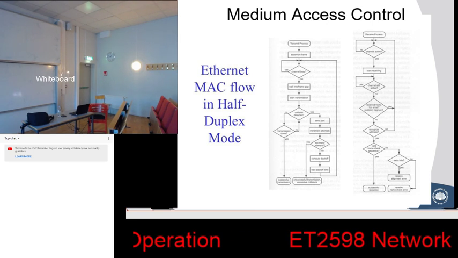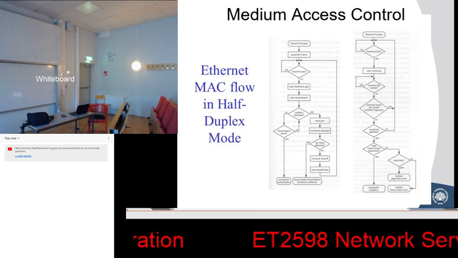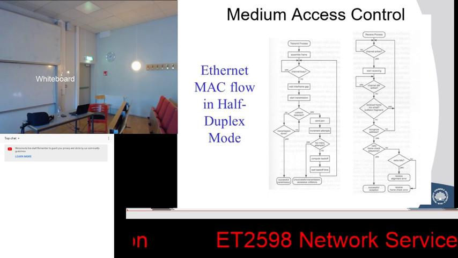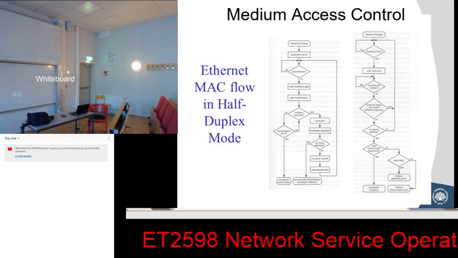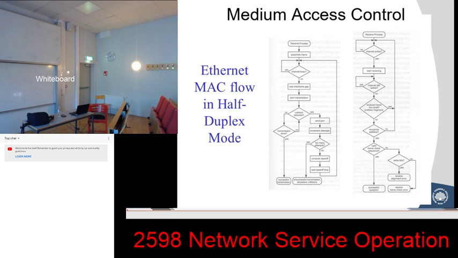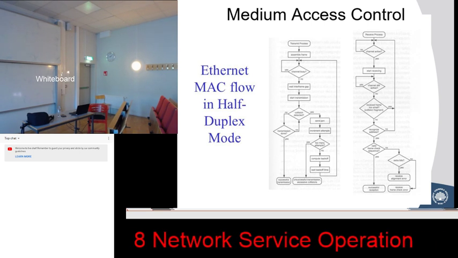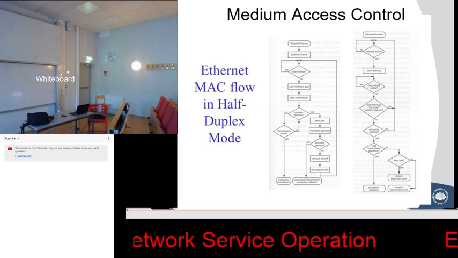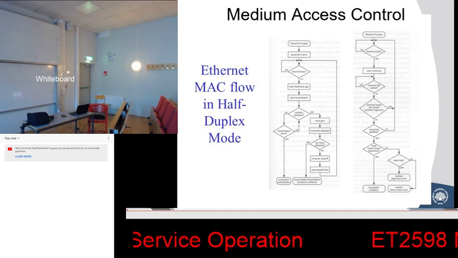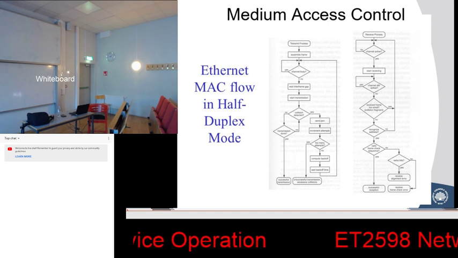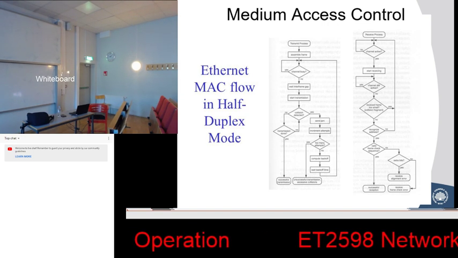So we're listening now: is the channel active? Is there some transmission going on? Yes? Then we start receiving. Is the channel still active? Yes. Keep on listening. If the channel is not active, we check what we received.